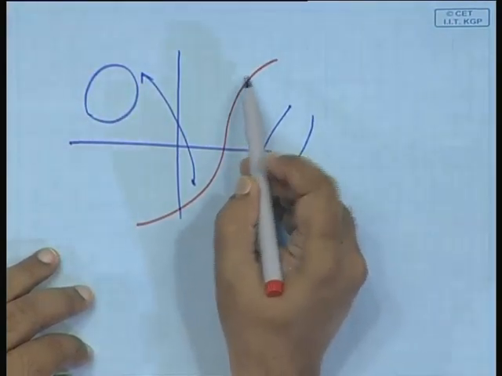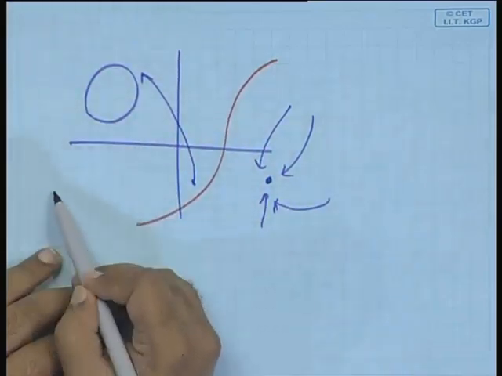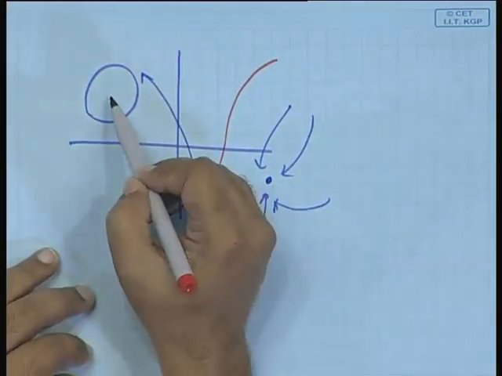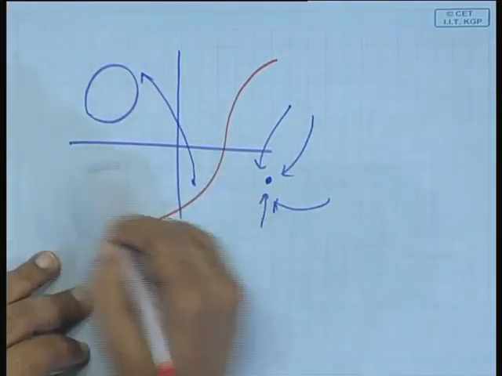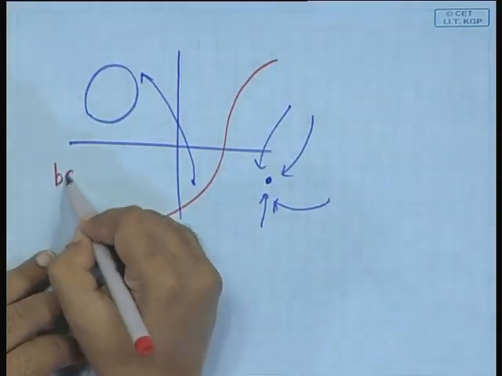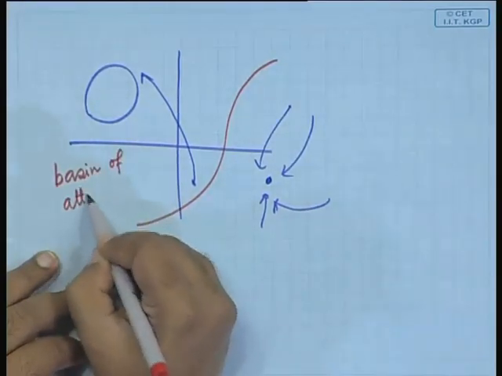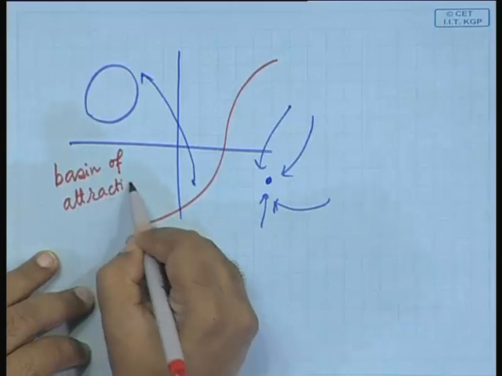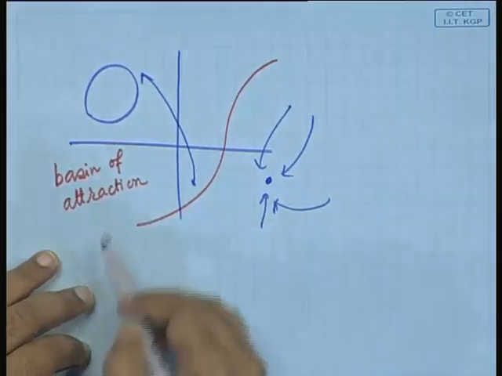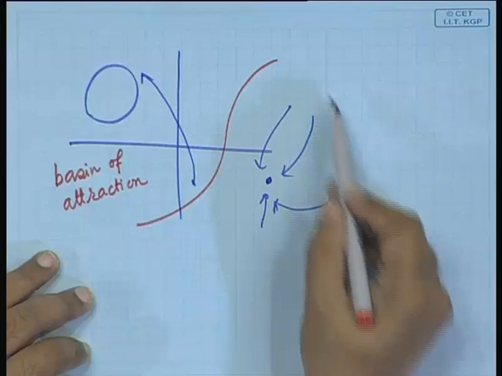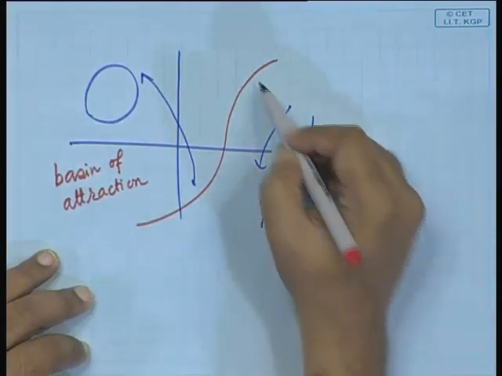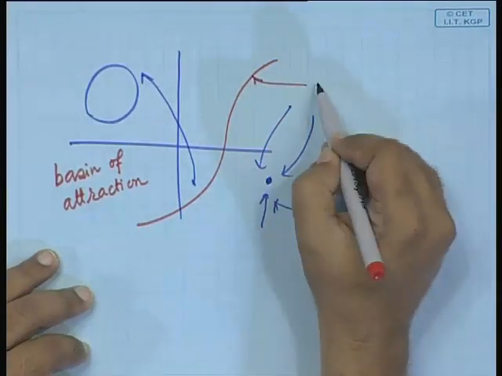Then the region of the state space that is attracted to one attractor will be called the basin of attraction. So, there is one basin of attraction here, there is another basin of attraction here, and the dividing line would be called the basin boundary.